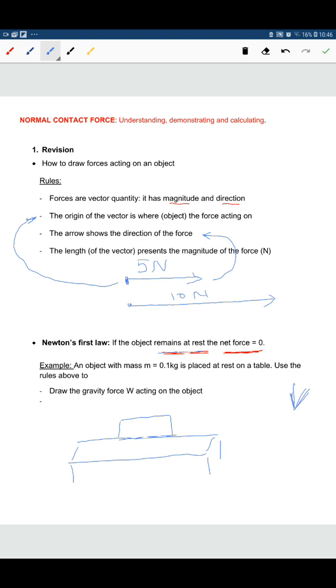And it is acting on the object, so it should start somewhere inside the box here. And it's going downward. The mass is 0.1 kg, which means it has a weight of around 1 Newton. We are living on planet Earth anyway, so it could be different if you go to Mars.